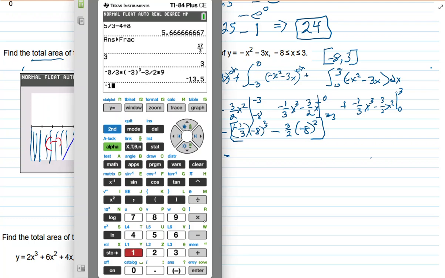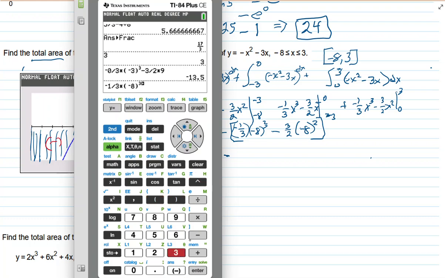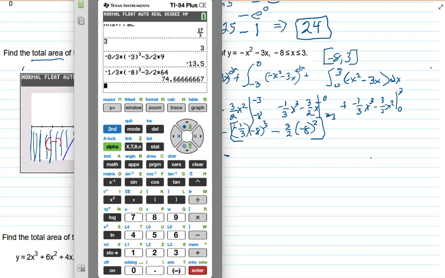Negative 1 divided by 3 times, parenthesis, negative 8, parenthesis, up caret 3, minus 3 divided by 2 times, I'm sorry, 64. All right, and that was at 74 and 2/3 that we saw.